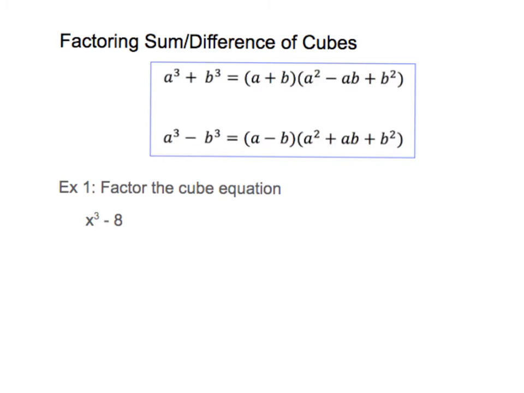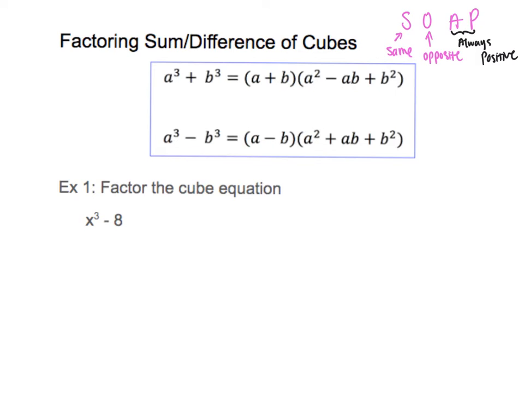So there's a way you can remember the signs using this acronym. Usually I can remember that it's a, then b, then a squared, a times b, then b squared. What I have a hard time remembering is the signs, and I use SOAP, this acronym, to remember the signs. So S represents same, O represents opposite, and AP represents always positive.